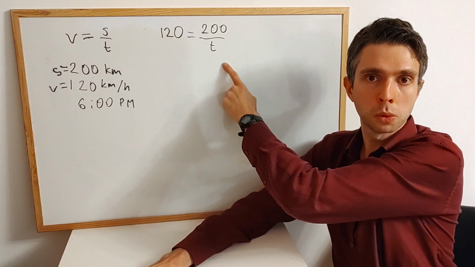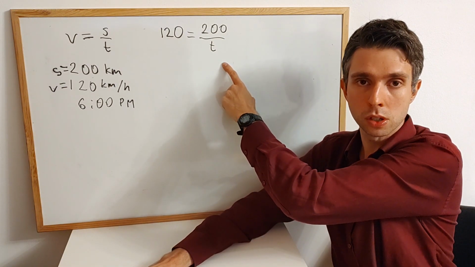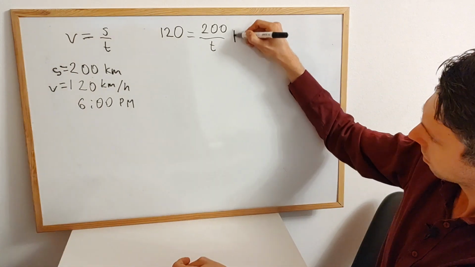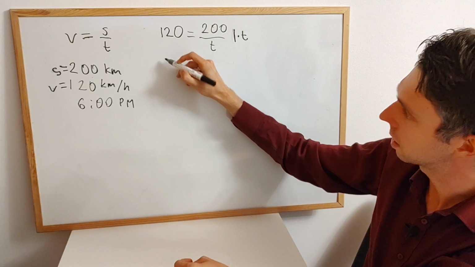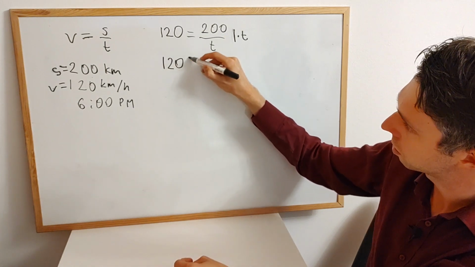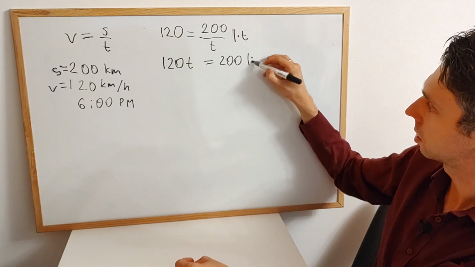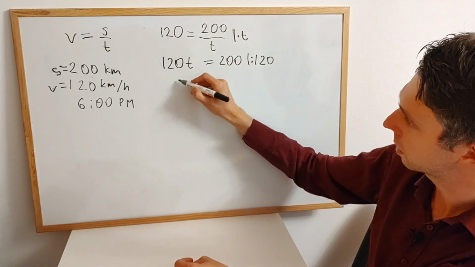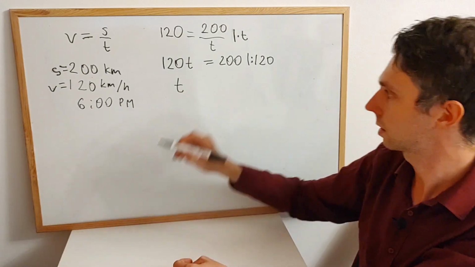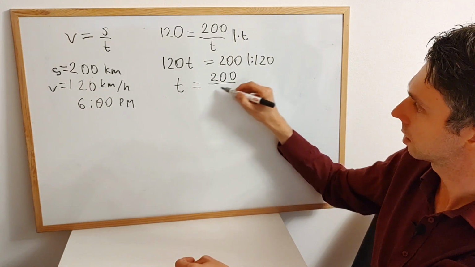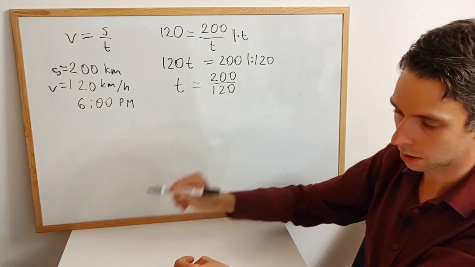So this is an equation in which T is unknown, so you just multiply this by T, you get 120 T equals 200, then you divide by 120, so you get that T is 200 divided by 120.